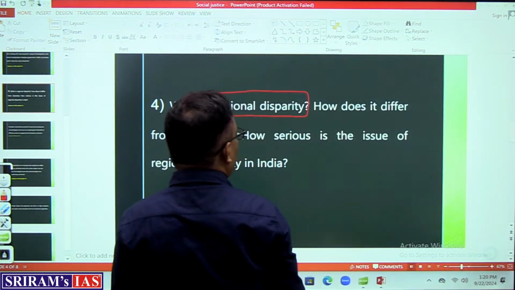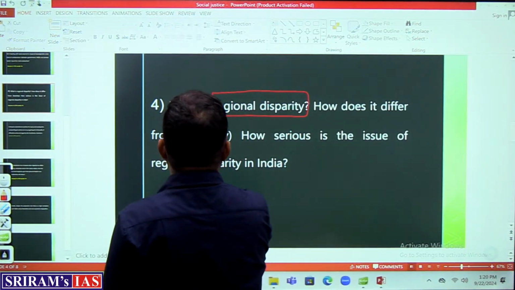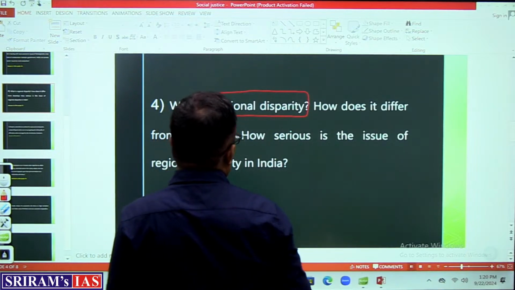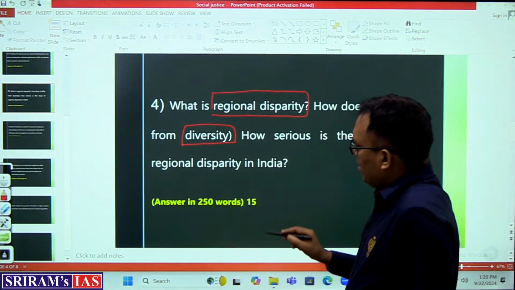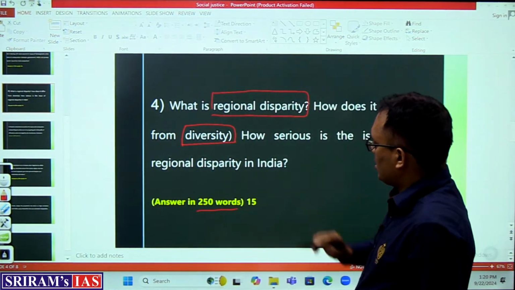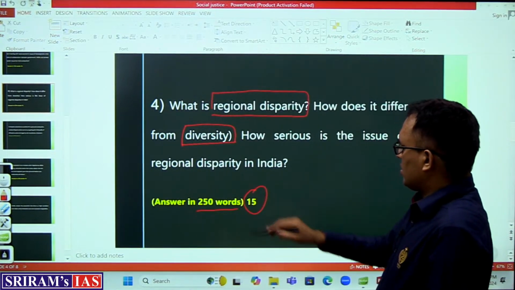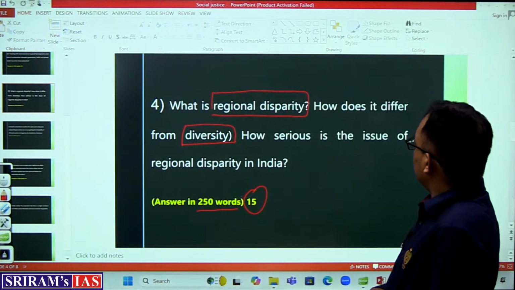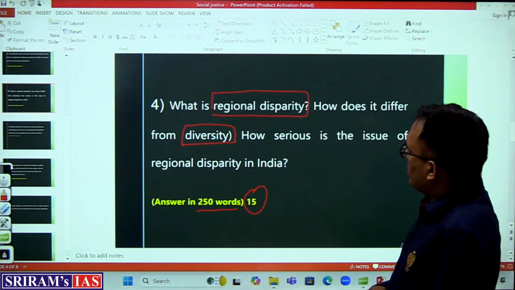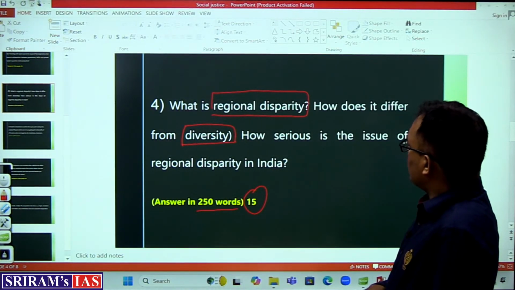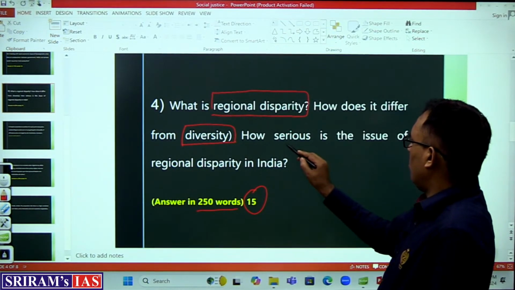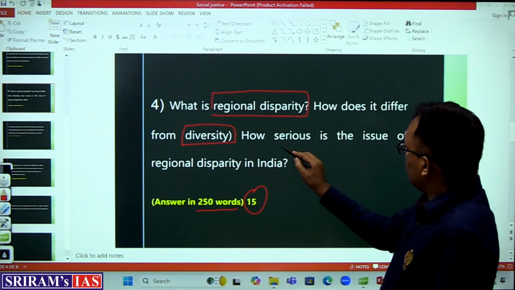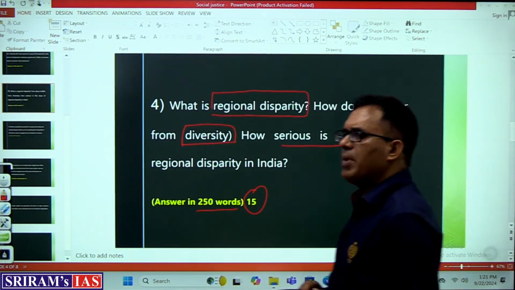How does it differ from diversity? 250 words, 15 marks. So, regional disparity and how it differs from diversity, and how serious is the issue of regional disparity in India. The seriousness of the issues of regional disparity in India.